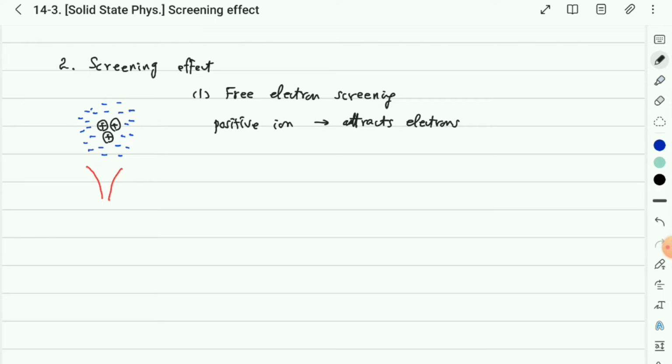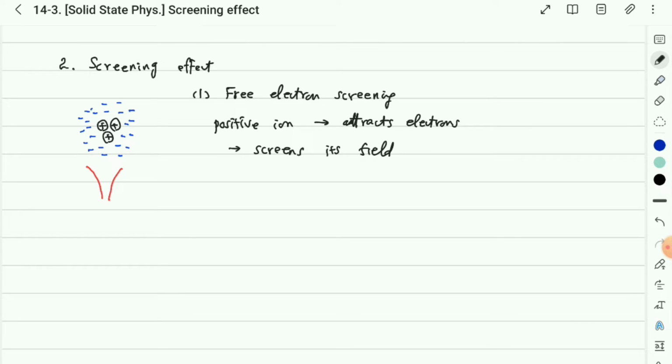The negative charge in the neighborhood of the positive ion screens its electric field. It screens out the potential.